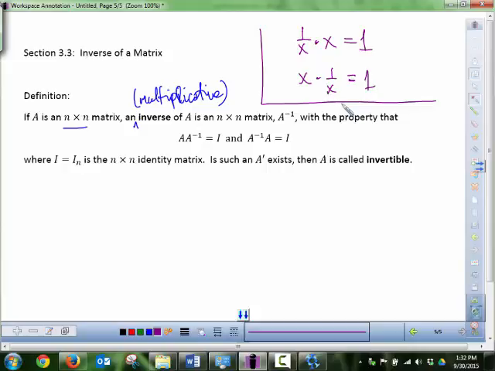Sometimes we write 1 over x as x to the -1, so that's your multiplicative inverse idea. But we can't write 1 over A when we're dealing with matrices because it doesn't make sense for us to divide matrices. So we have to think about this as multiplying by its inverse.